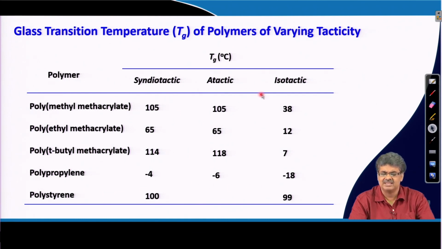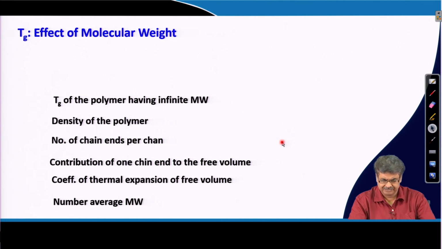Explaining this tacticity-driven glass transition temperature is quite complex. Hence, it is better to remember the values, or at least you should appreciate that if we change the tacticity of a polymer, there is a possibility of changing the Tg value as well. So, we need to determine the Tg value before we think about an application.